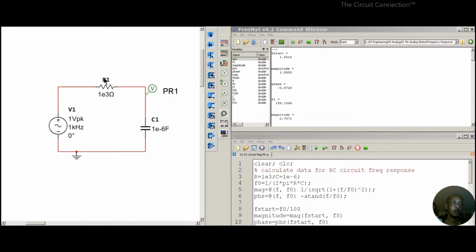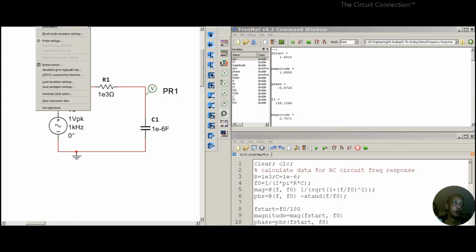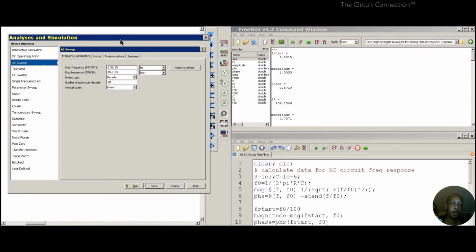So let's go over to our simulator. In the simulator, I'm going to go to simulate, analysis and simulation. This is in Multisim. You have all these different things, but we're on AC sweep. So we're going to do an AC sweep, and F start is 1.5915.